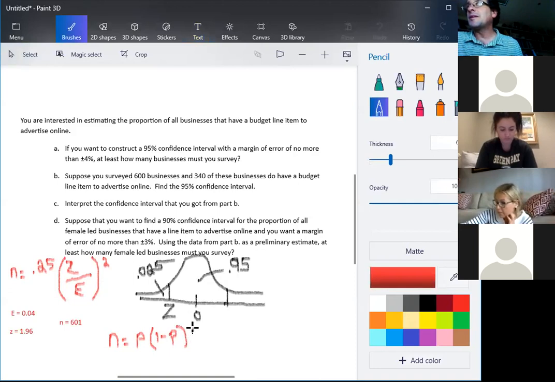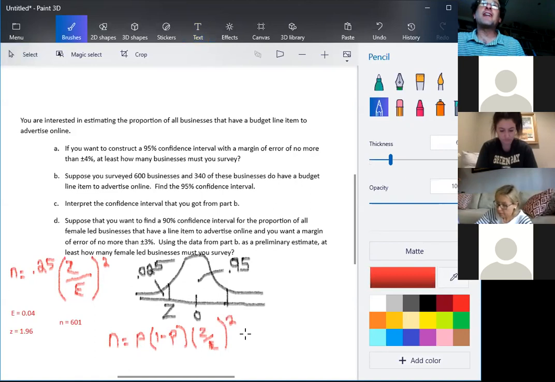Times z over E, squared. Okay, notice the 0.25 is replaced by the p times 1 minus p. Do you see that? Okay.